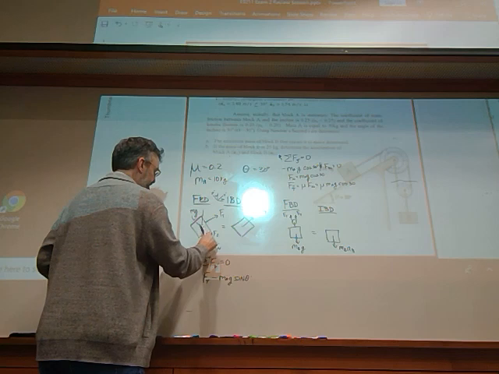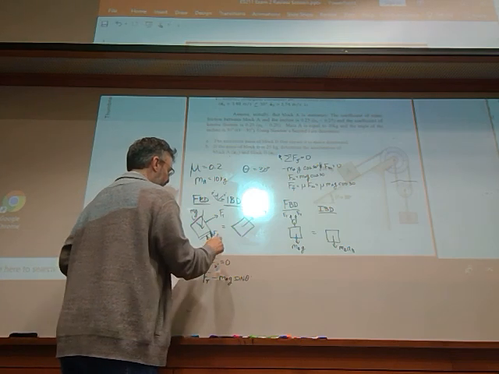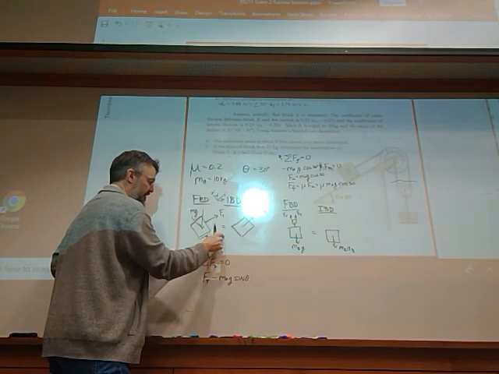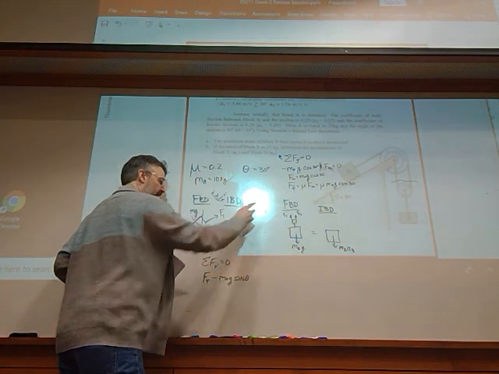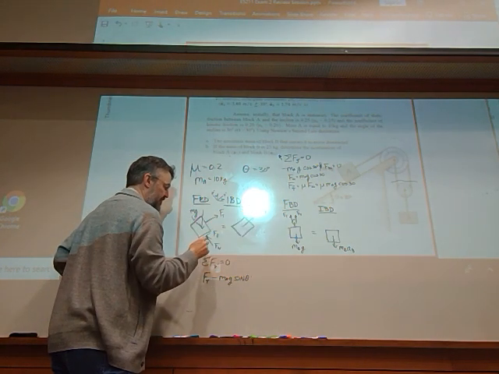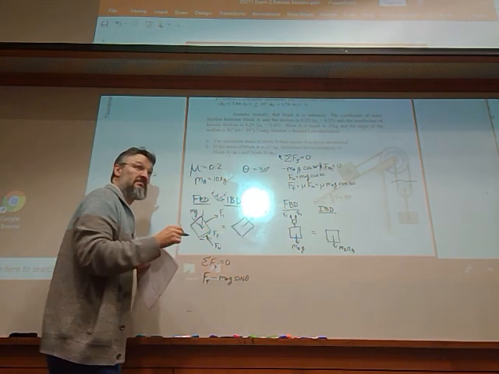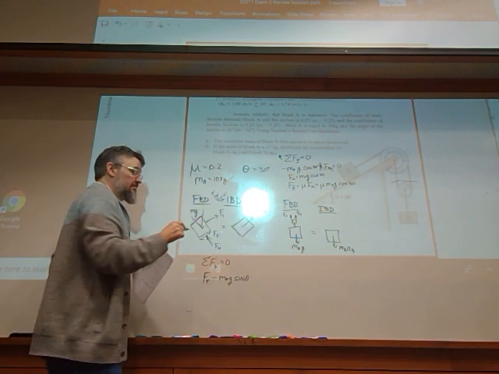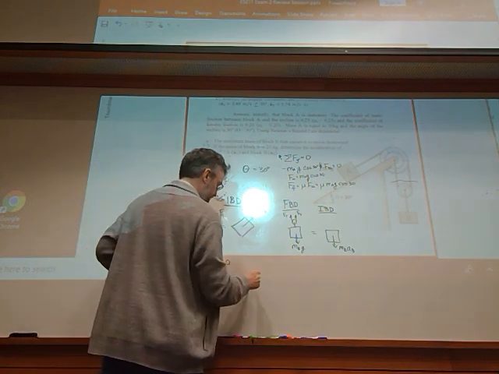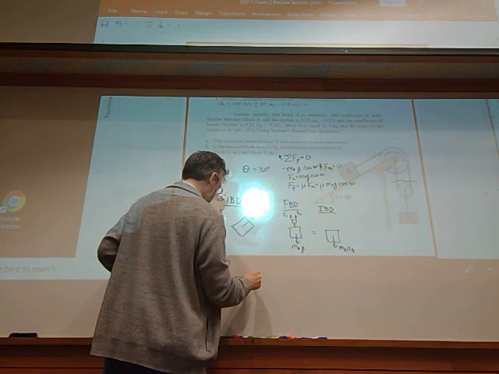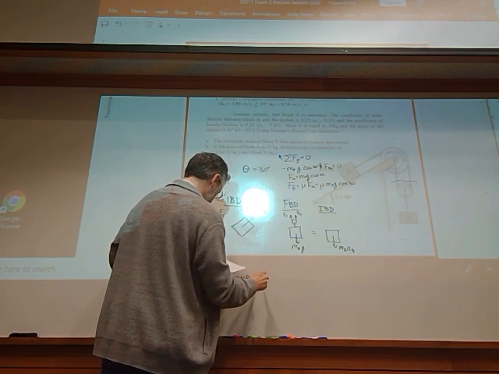I need to be consistent, so I made a mistake here. I have to draw this guy right here. If I'm making the motion that way, the friction force has to be this way, right? Got to be careful with that. So I caught my own mistake. It's important to try to catch your own mistakes as you're working through something. So that's going to be the negative.